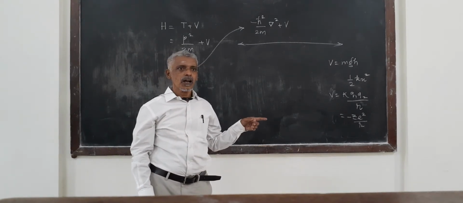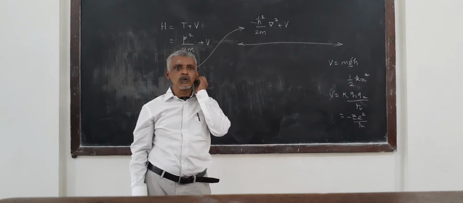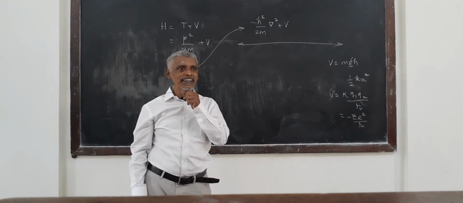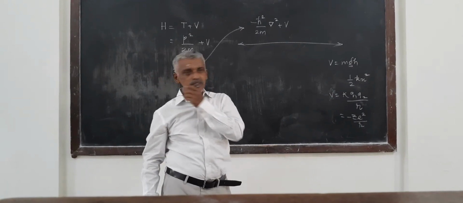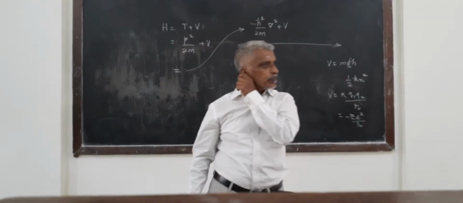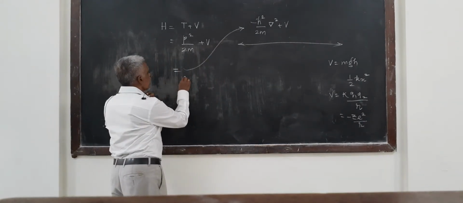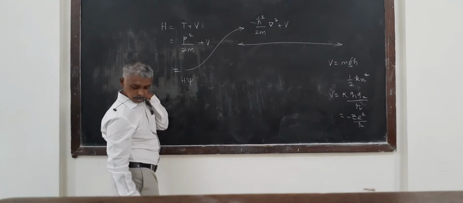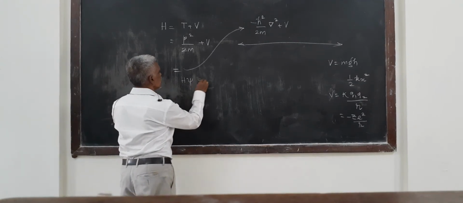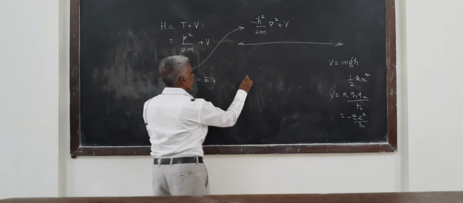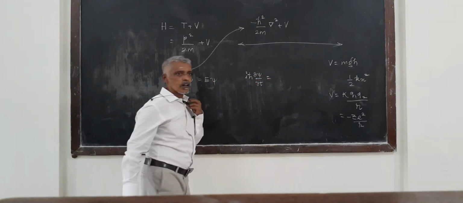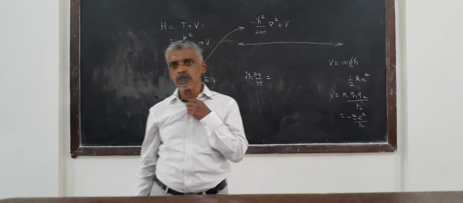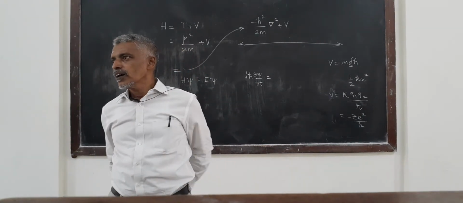Z e squared by R. Then you have to start applying the Schrodinger equations. You know well those equations, right? The time-dependent equation and the time-independent equation. These two are there: H psi is equal to E psi on this side, and on the other, i h-bar dou psi by dou t is equal to H psi.